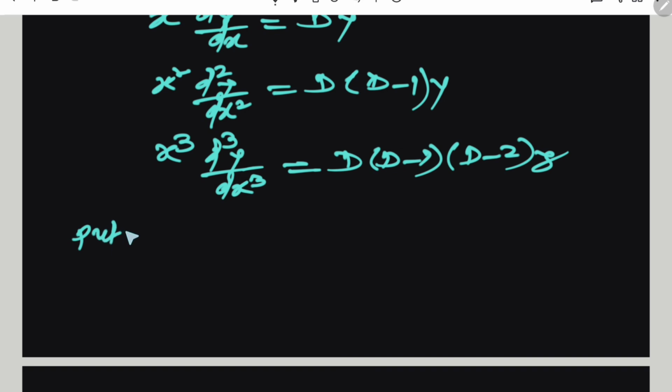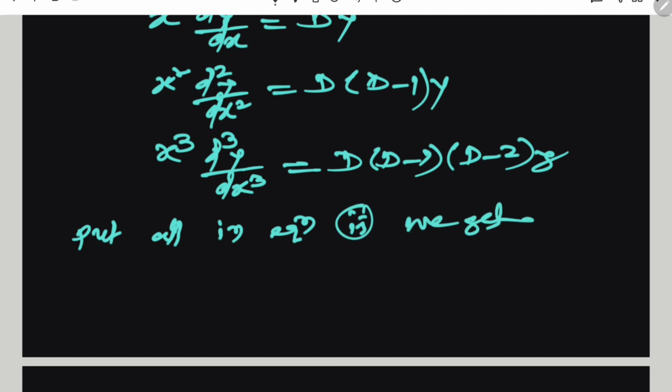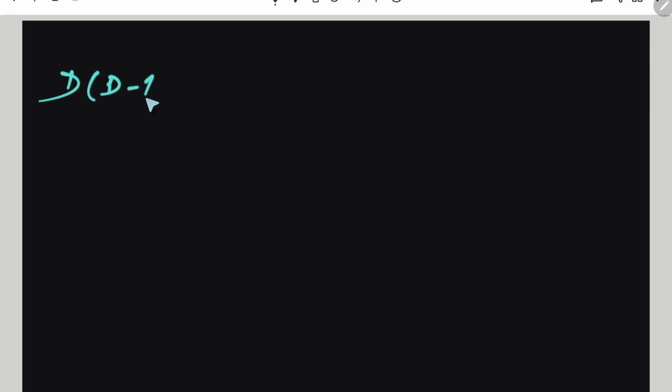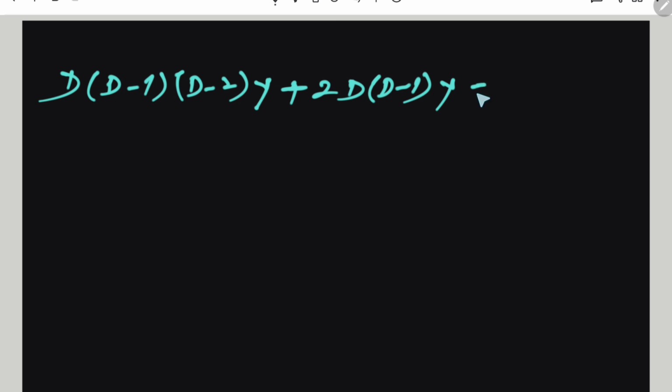Substituting all this in equation 2, the first term becomes x cube d cube y by dx cube as D into D minus 1 into D minus 2 operated on y, plus 2 times the second term as D into D minus 1 into y, and on the right hand side it is e raised to z, that is x, whole raised to 4.